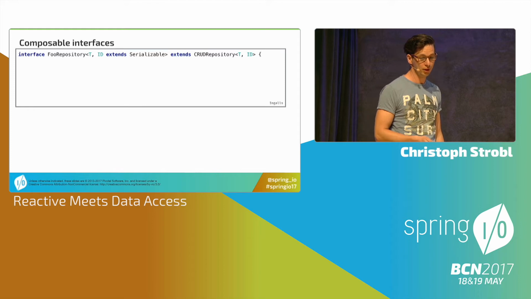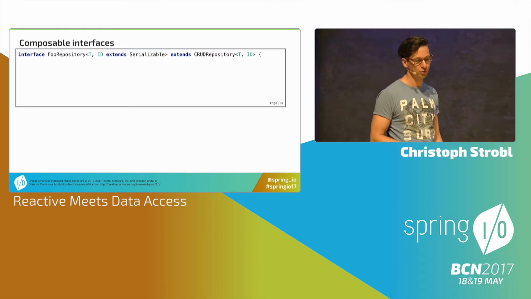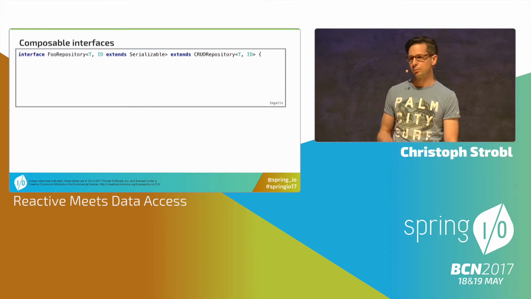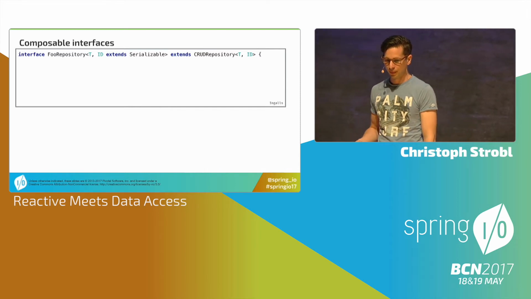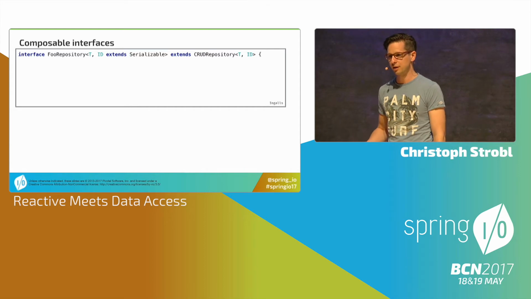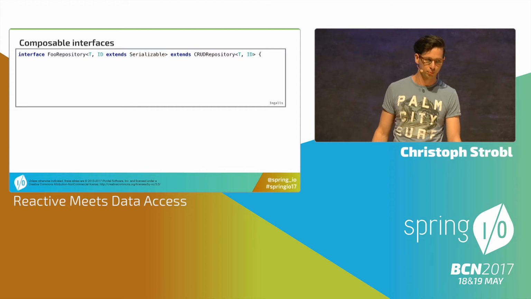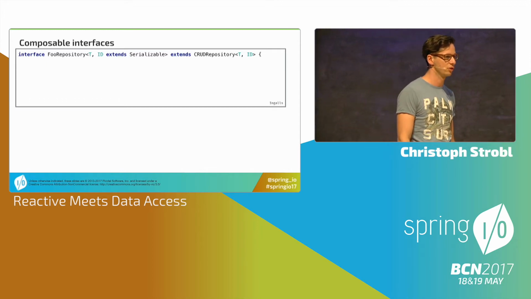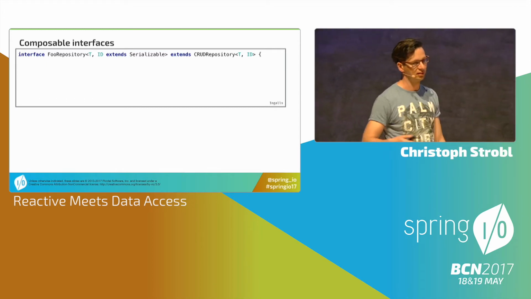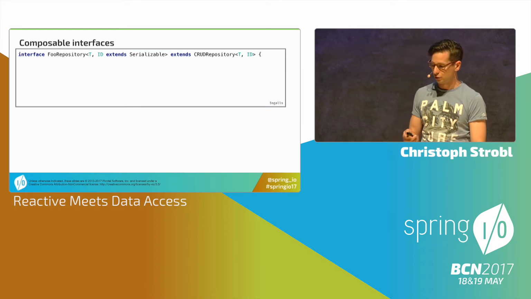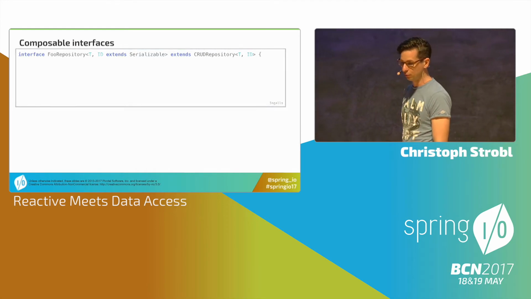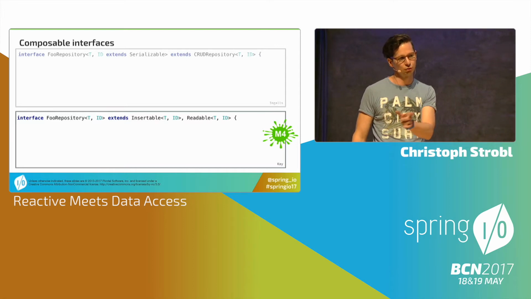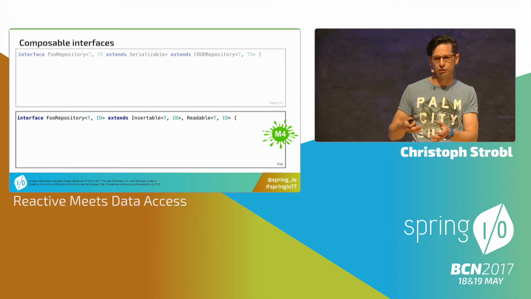Then what we actually plan to do is we want to have some composable interfaces. This is some feedback we got from the community, basically, because if you think of Spring Data REST and you expose a CRUD repository, then you're basically exposing all the endpoints, so people could go on and then just create entities, delete entities, and not just look them up. So what we want to do is basically we want to split that up a little bit so that you got more fine-grained control of how your repository should behave.